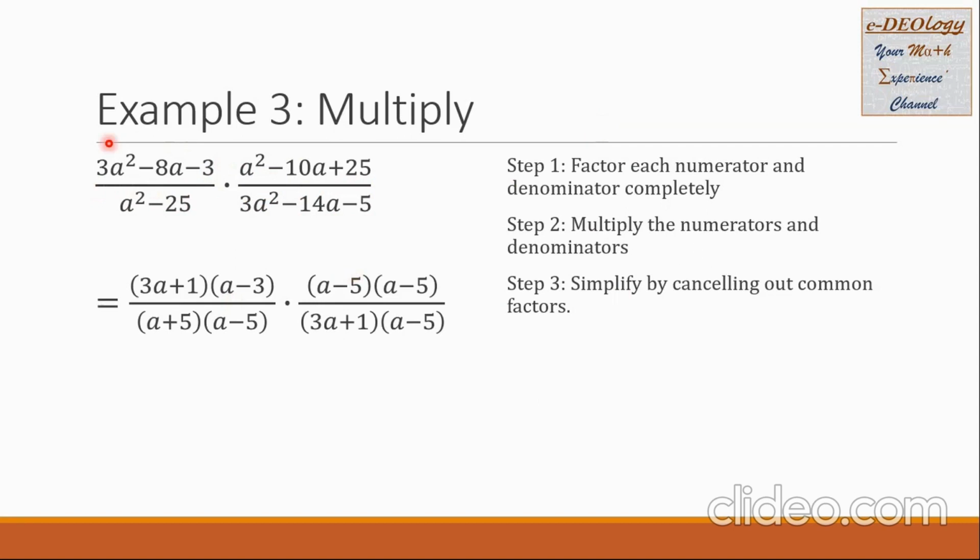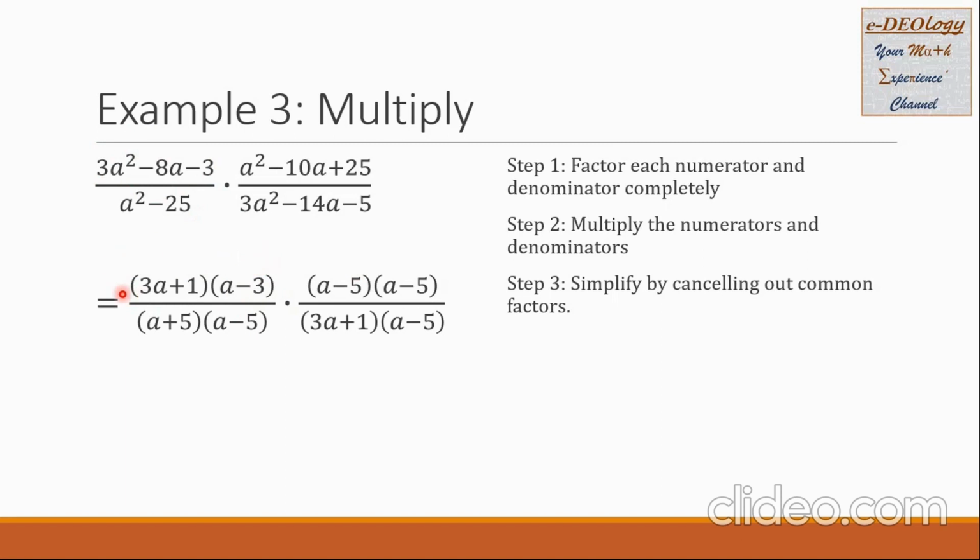In the numerator, in our first rational expression, the 3a squared minus 8a minus 3, the factors are 3a plus 1 and the binomial a minus 3.